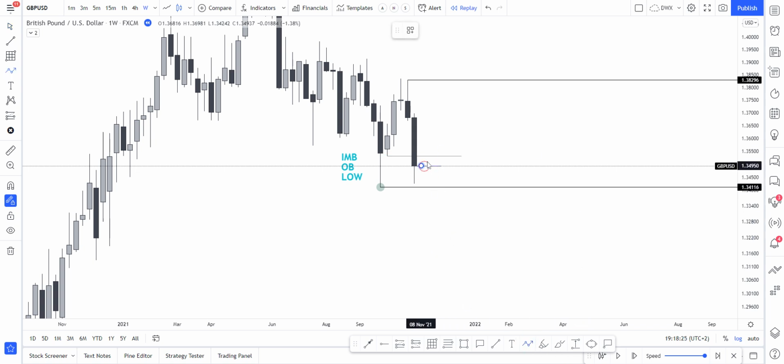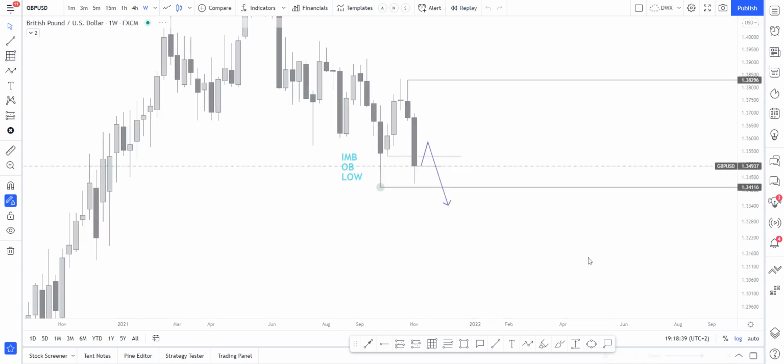But we could still see price going up, creating a wick. We don't know how far up it will go, creating that wick, and then move down lower to take the liquidity below this low. So that beginning of the week would be our weekly analysis. And then see what happened.